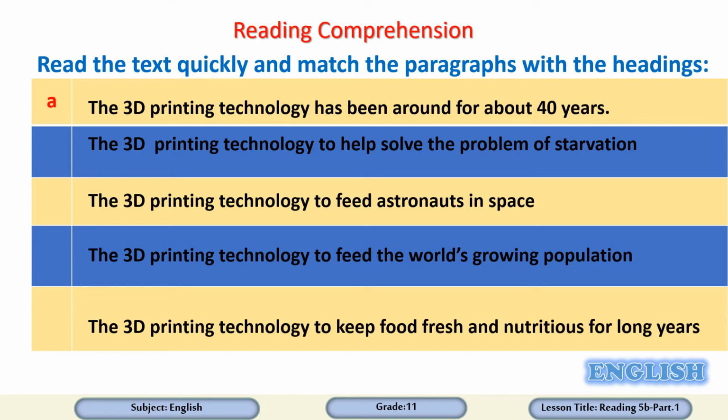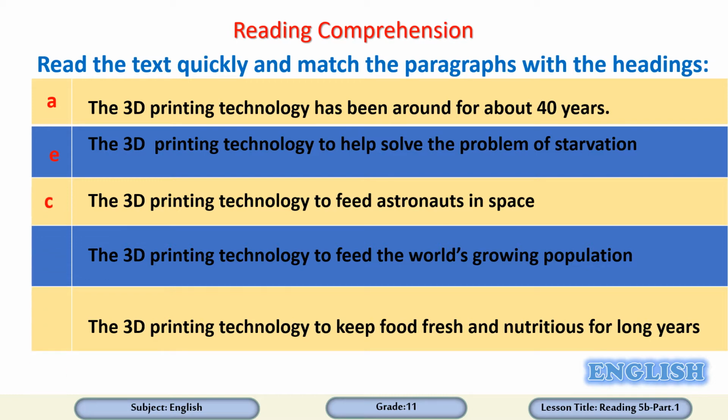Now pause the video and read the text quickly and match the paragraphs with the headings. If you've finished, let's begin. Heading 2, the 3D printing technology to help solve the problems of starvation. Excellent, it's paragraph A. Number 3, the 3D printing technology to feed astronauts in space, and is paragraph?